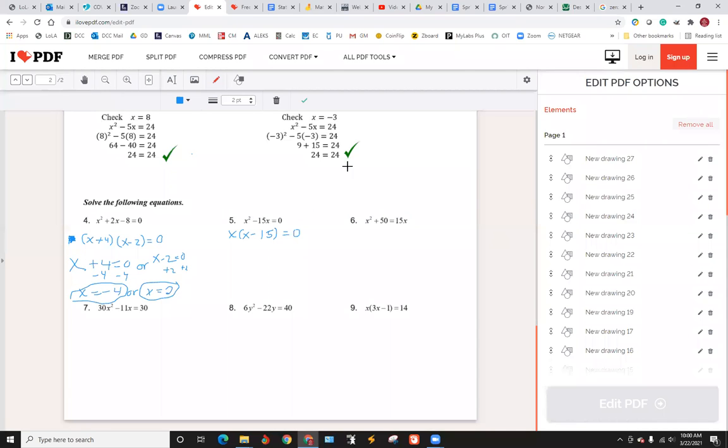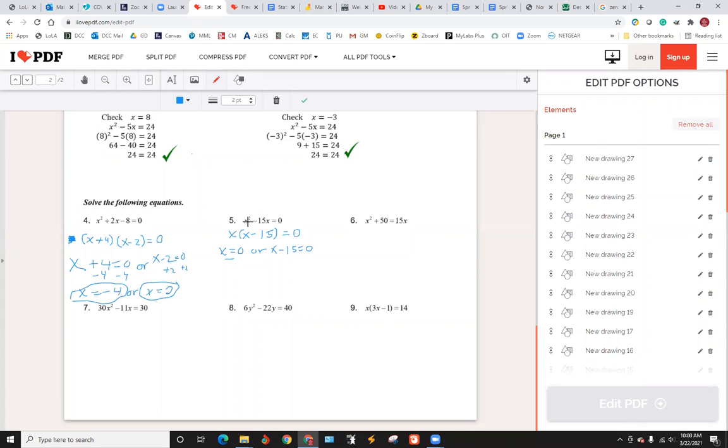All right, so what does this mean? Well, this one, once you set it equal to 0, you pretty much got your answer.